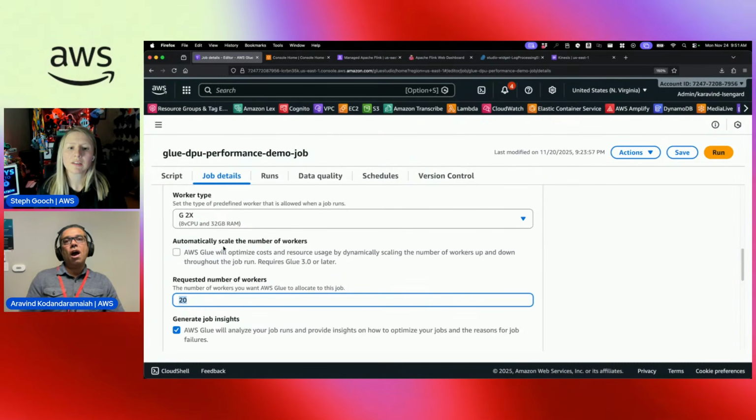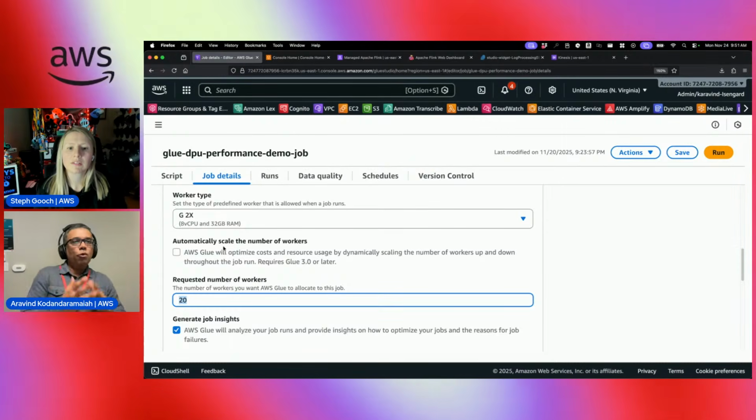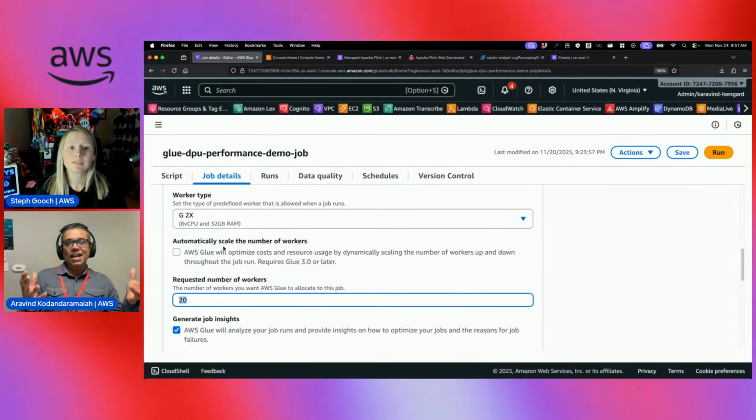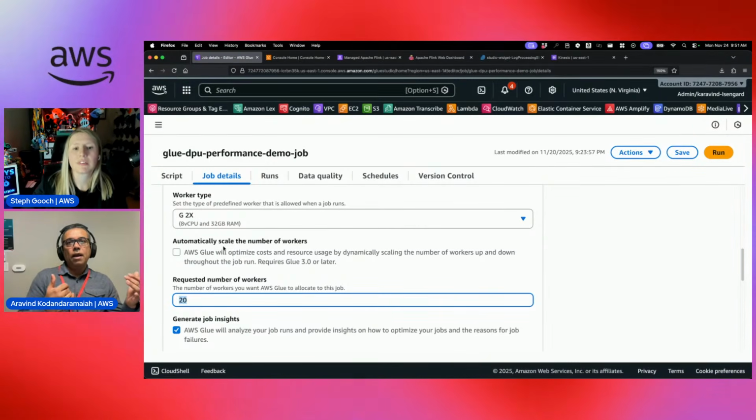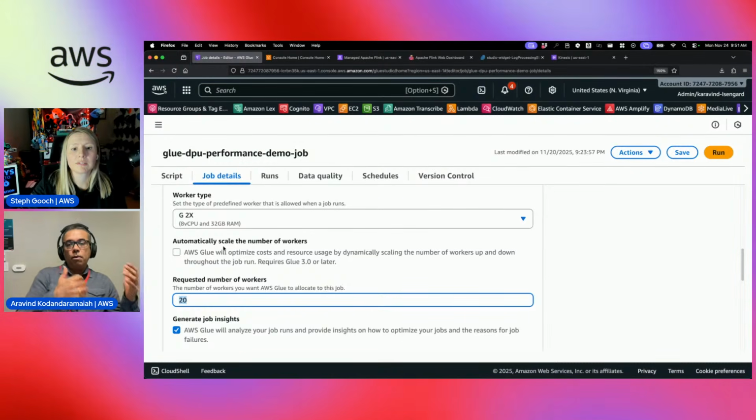So the cost, and it's important to understand how we come up with these numbers, right? There's no magic here. There has to be some testing that you really have to perform to arrive at this. And also, it is going to be a trade-off between performance and cost, right?